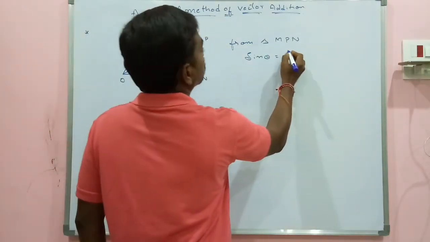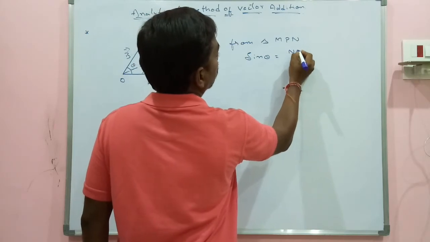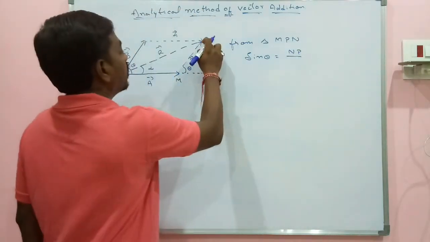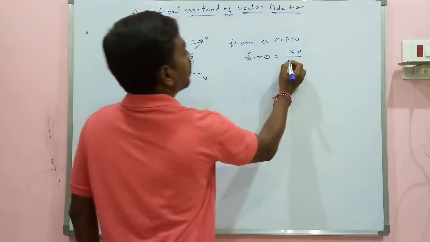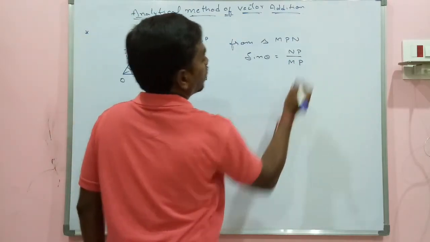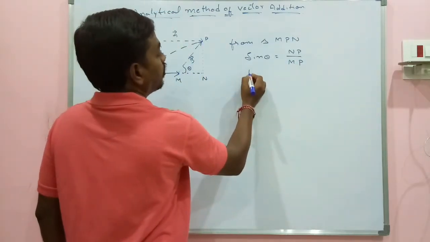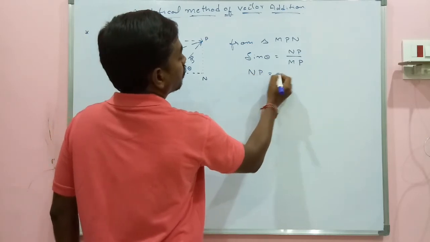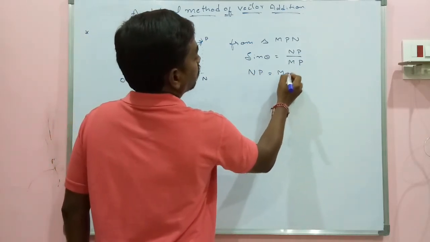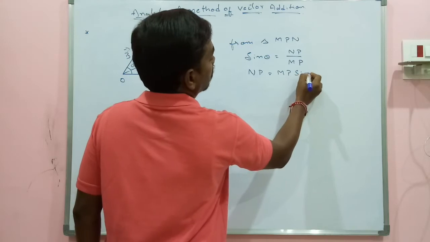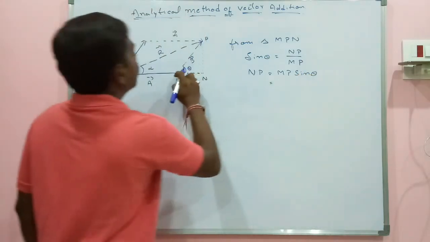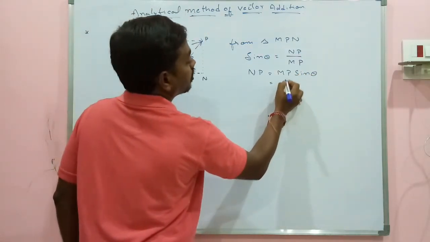Opposite side is NP divided by MP. From here NP will be equal to MP sine theta. Here MP is nothing but vector B only.